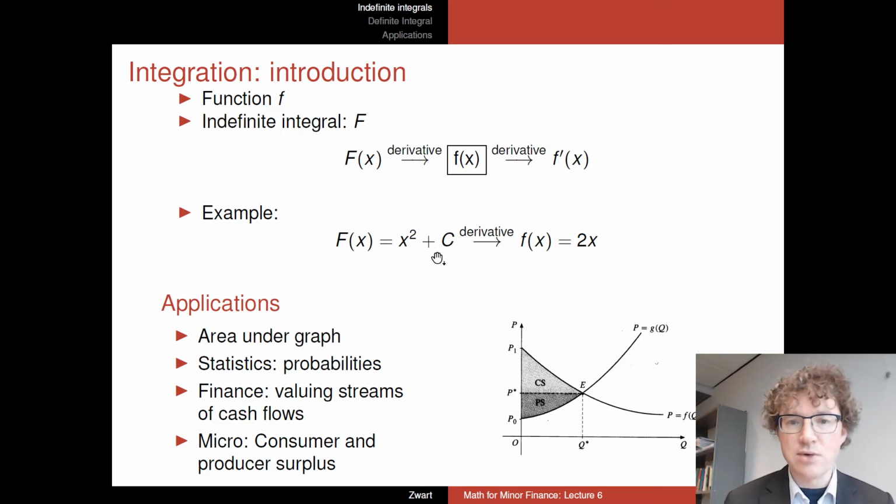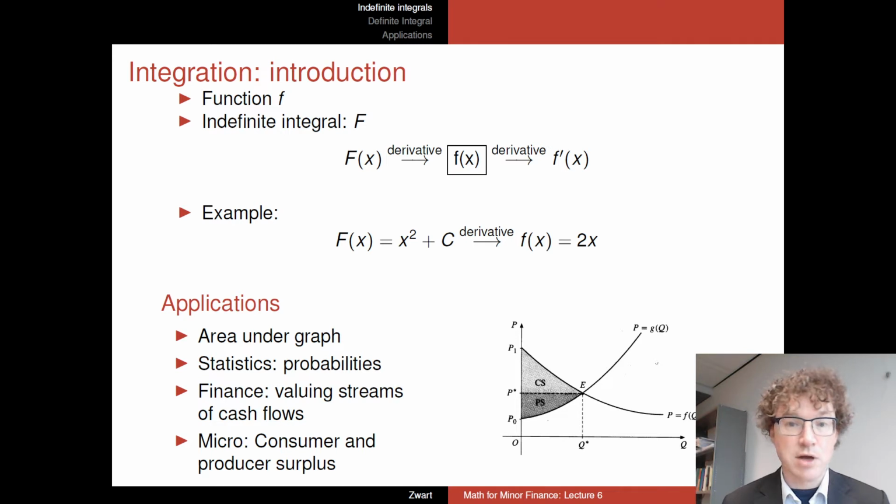So what's this c doing here? Actually, if we look at x squared, of course, the derivative is going to be 2x. But if you look at the function x squared plus 1, say, we would also get 2x because this 1, a constant, vanishes when you take the derivative. The derivative of a constant is 0.